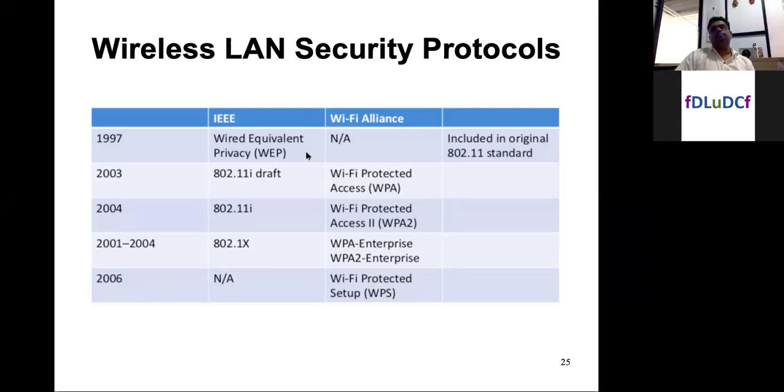For example, someone from the parking lot, or someone in the next house, or someone walking on the road, can connect to your organization network. They don't need to physically come to the organization to access your Wi-Fi network. So people realized that, and they introduced the first ever security to the Wi-Fi protocol, called WEP, Wired Equivalent Privacy.